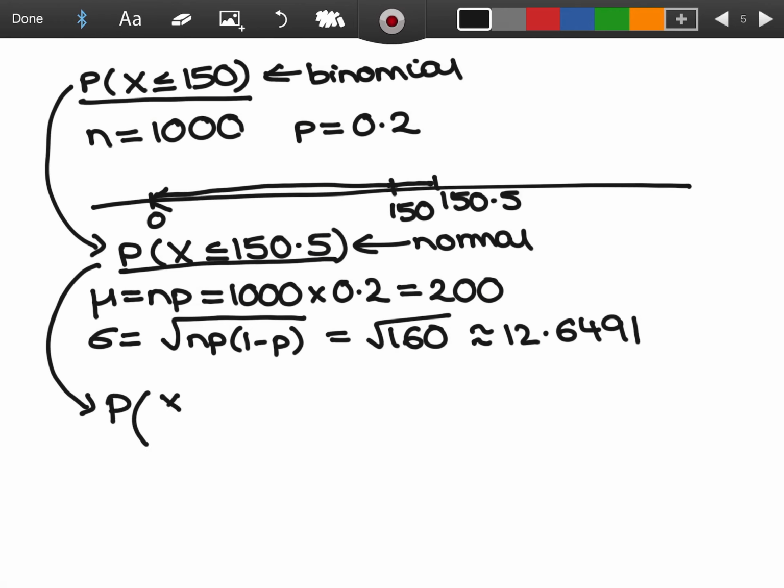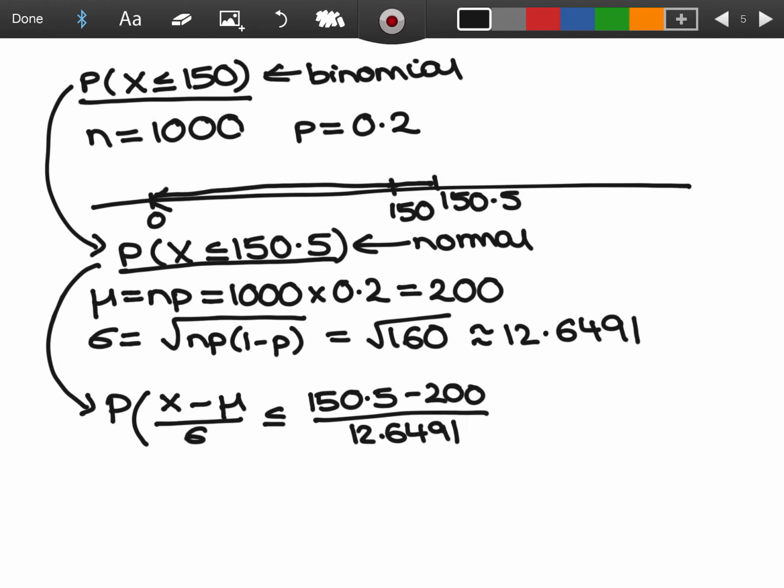Remember, our formula was X minus the mean divided by the standard deviation. So I'd have 150.5 minus the mean divided by the standard deviation. I now have Z is less than or equal to, when you type all of that into a calculator, negative 3.91.